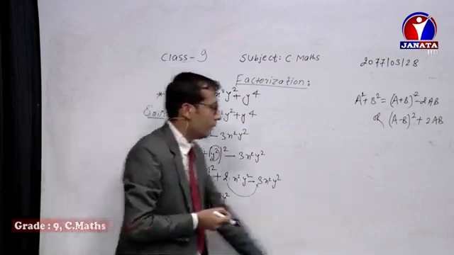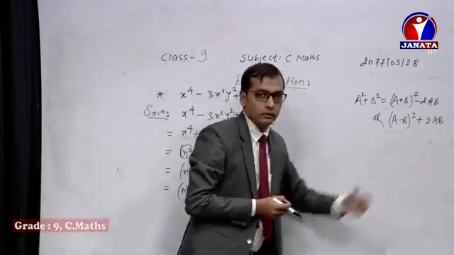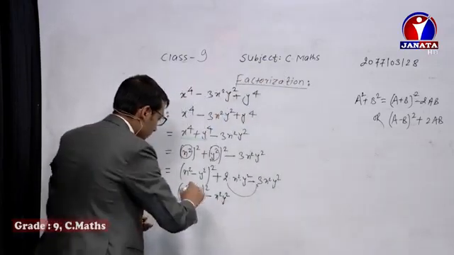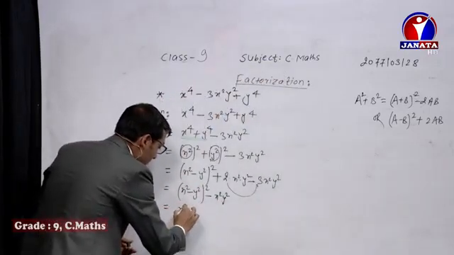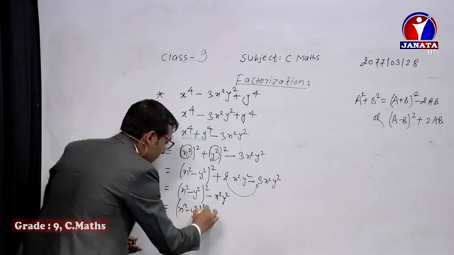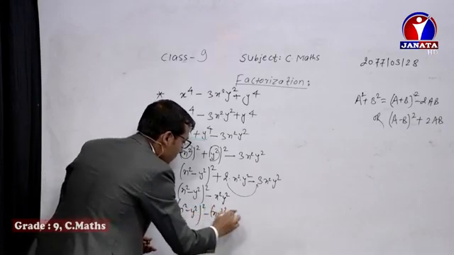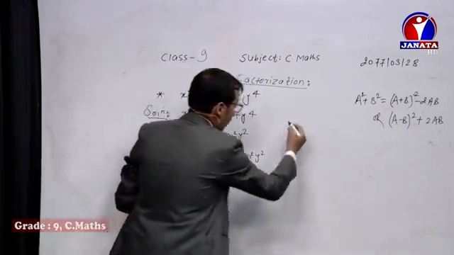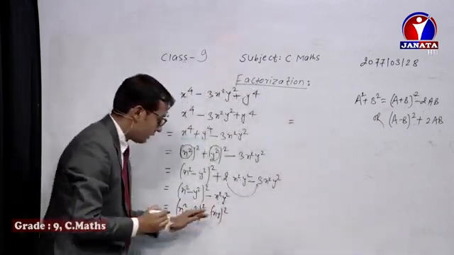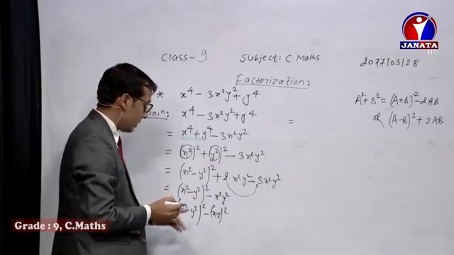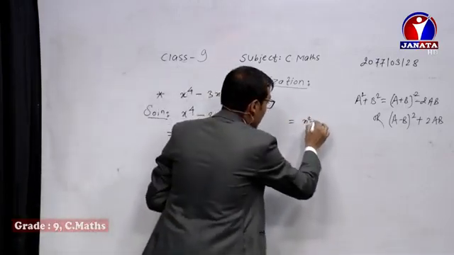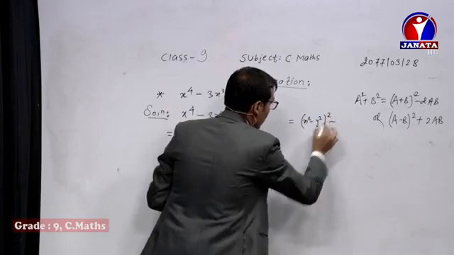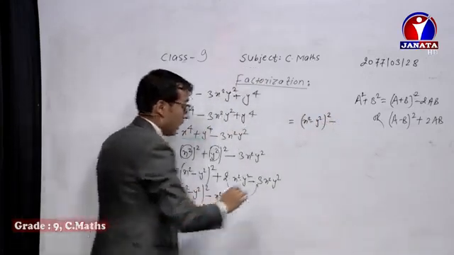That's why I am using the second expanded form for its factorization. X square minus y square whole square minus, let's write xy whole square. So therefore, now we are able to convert into a square minus b square form. It's x square minus y square whole square minus xy whole square.